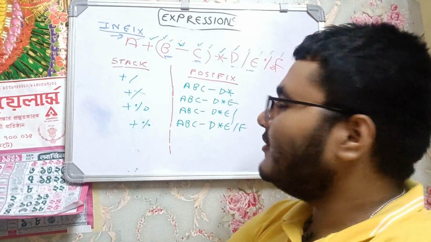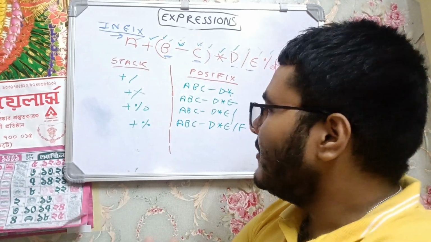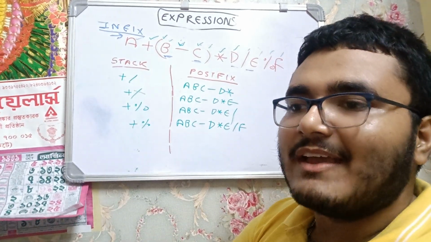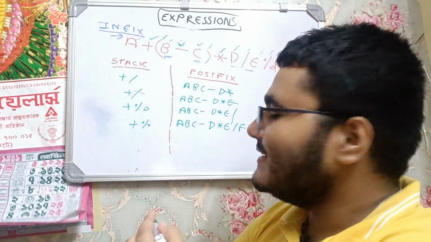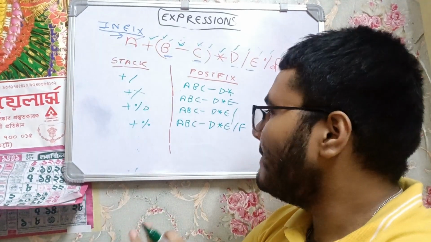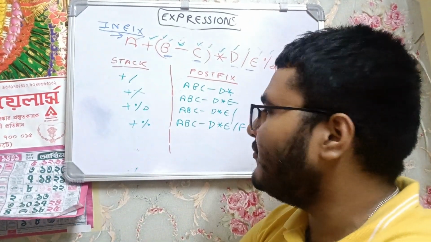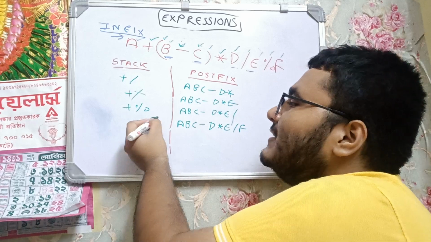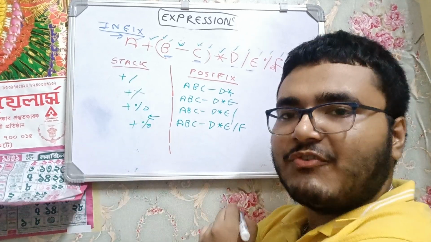Now at the end, whatever is in the stack, just merge it with the postfix in LIFO order. So from the stack, we pop it out in LIFO order, right?